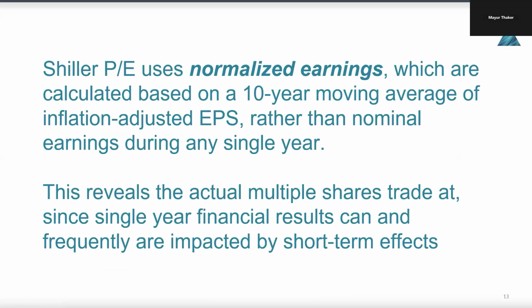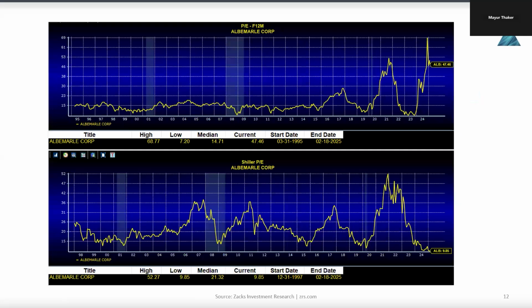So this methodology, this approach, that Robert Shiller came up with reveals the actual multiple shares trade at, since single-year financial results can and frequently are impacted by short-term effects. So if we can see past those short-term effects, and if we have a longer time horizon, then the Shiller PE can be very, very powerful at revealing true deep value opportunities.